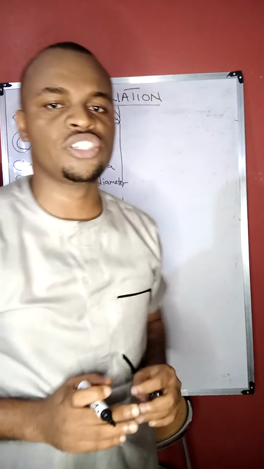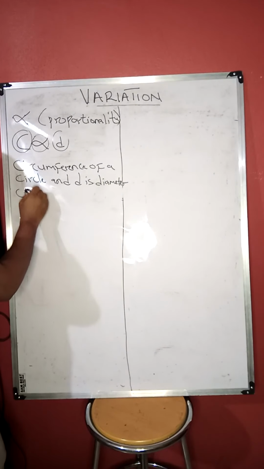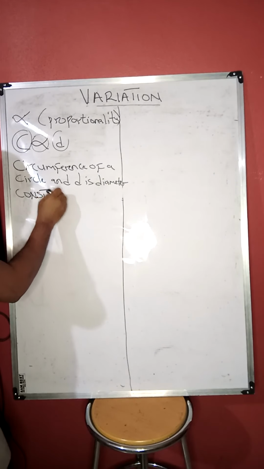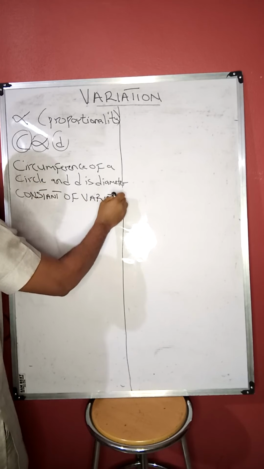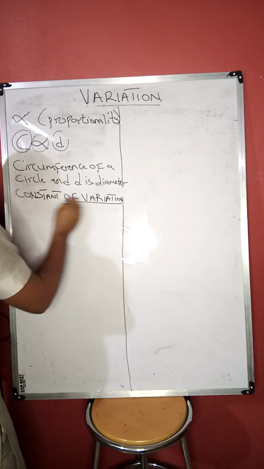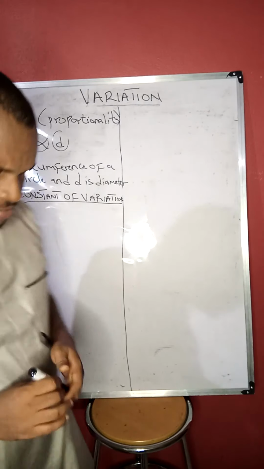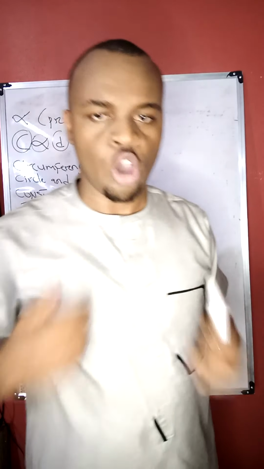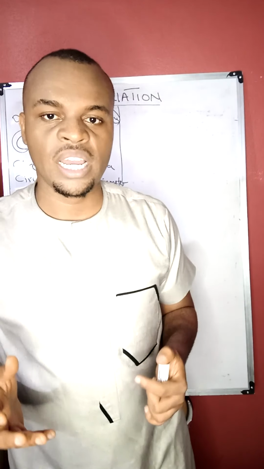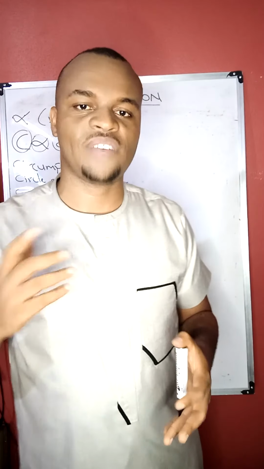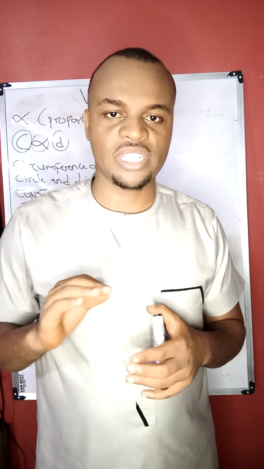So now I'll be introducing you to the constant of variation. Anytime you are given a question with the proportionality symbol, or you interpret the word problem and introduce your proportionality symbol, which is also the variation symbol, the next thing you need to do is take out that symbol, introduce your equality sign, and also introduce a constant.